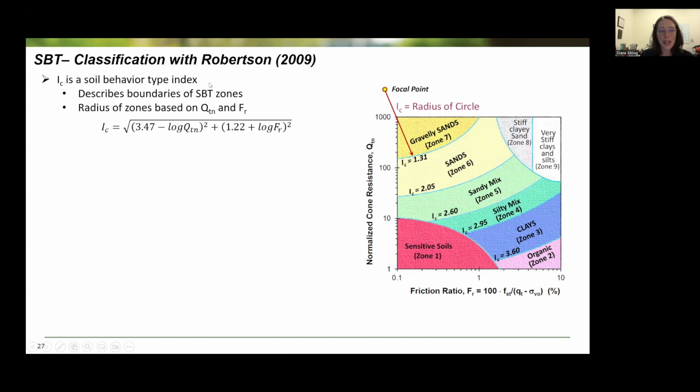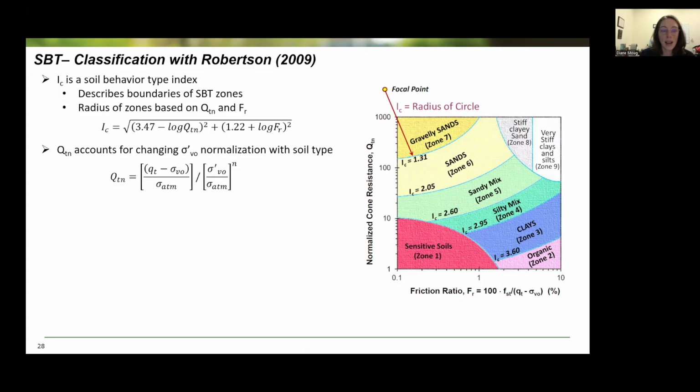The soil behavior type index is given by this formula shown here between normalized cone tip resistance and normalized friction ratio. It is an iterative process to calculate I sub C. The normalized cone tip resistance, QTN, shown in this formula here, relies on this normalization exponent N, and N depends on the soil type.